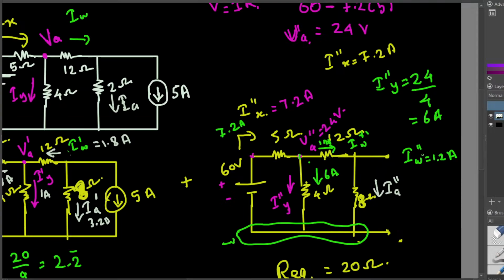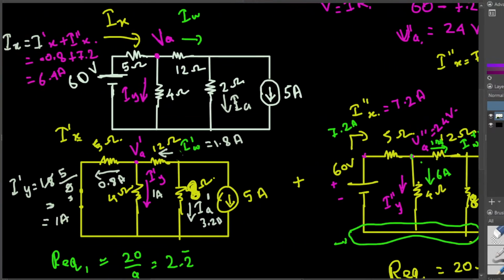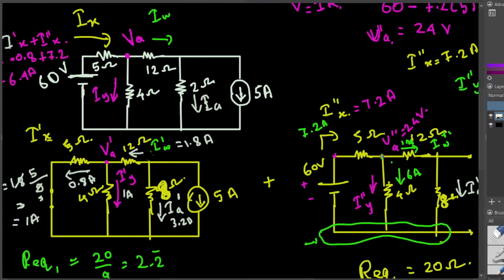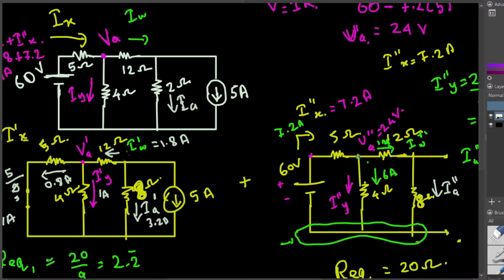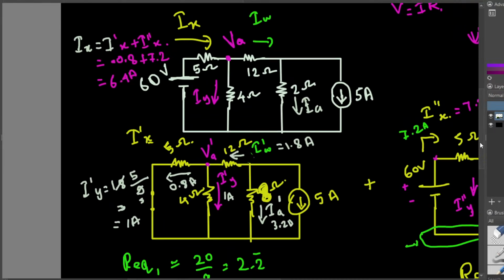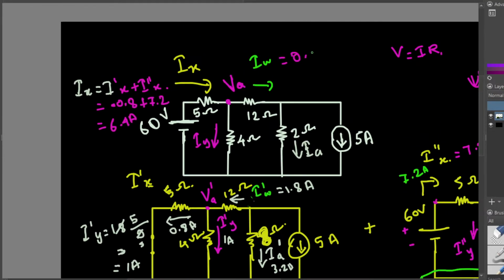Yeah, we solved it for 1.2 ampere, and here it is 1.8 ampere in the opposite direction. 1.2 minus 1.8, that is negative 0.6. So IW is negative 0.6. So negative 0.6 means our assumption is wrong. The current through this is actually entering this node.